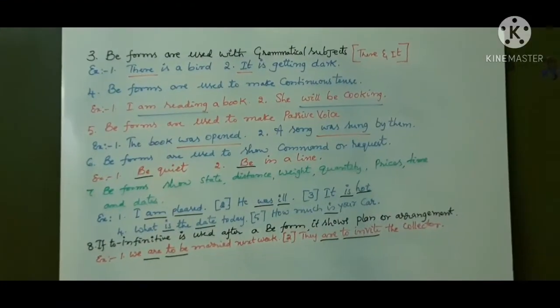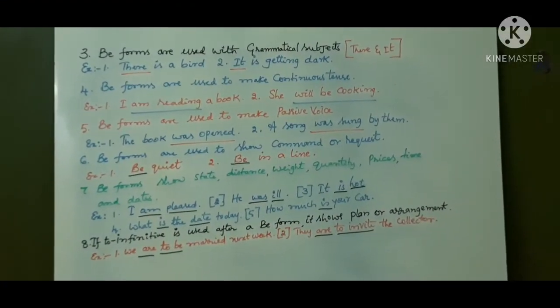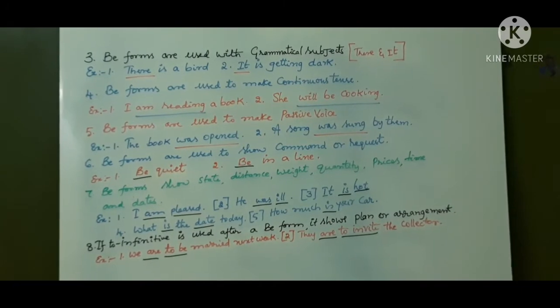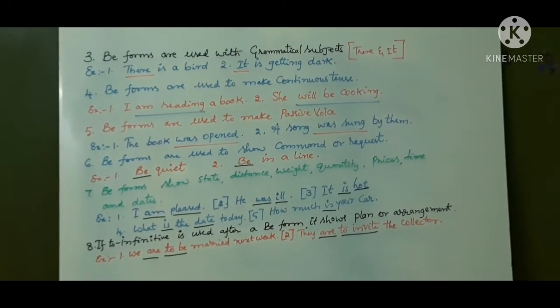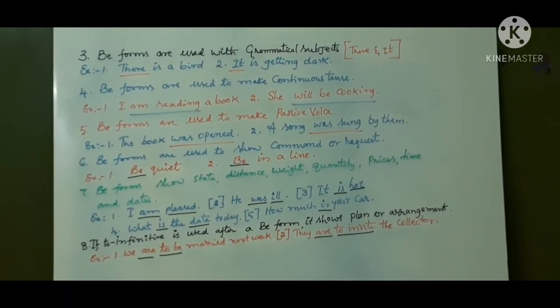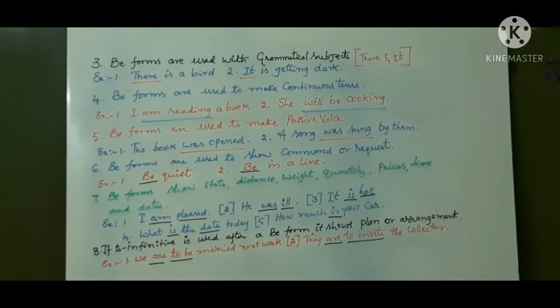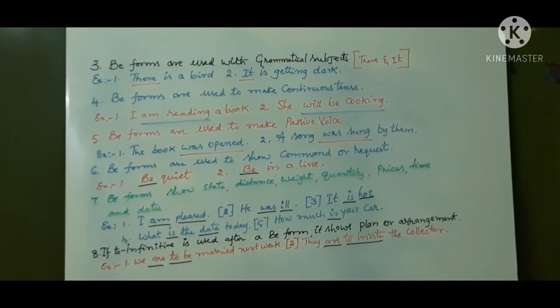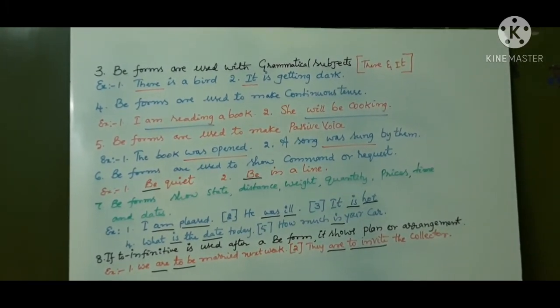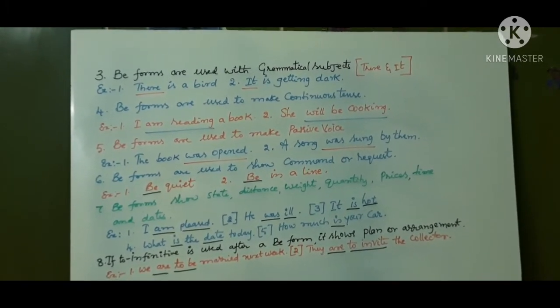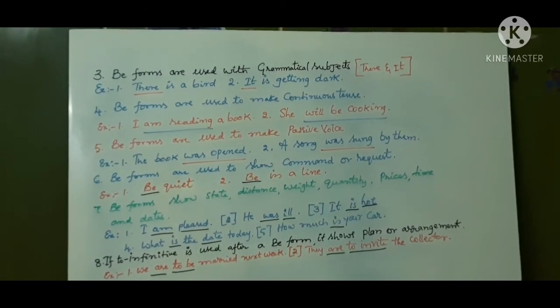Third use of be forms: be forms are used with grammatical subjects. There and it are grammatical subjects. It is also called by another name, impersonal pronoun, which comes under personal pronouns and their types.